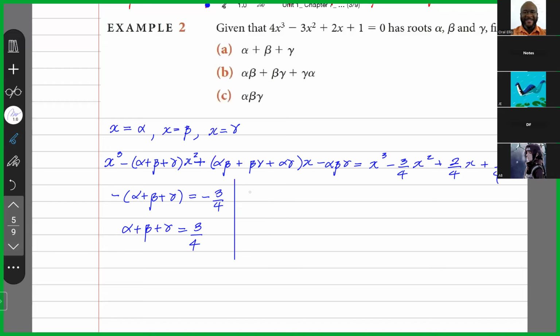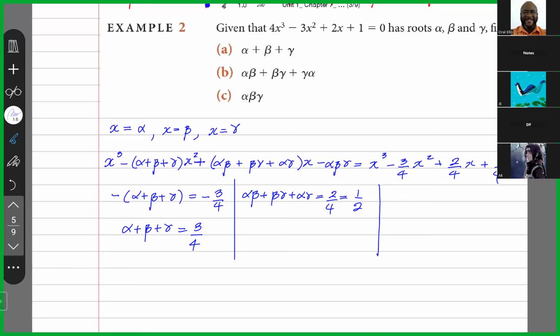Now, the product of the roots two at a time, alpha beta plus beta gamma plus alpha gamma, which is the x coefficient on the left, is equal to 2 over 4, the x coefficient on the right, which is the same as saying a half.